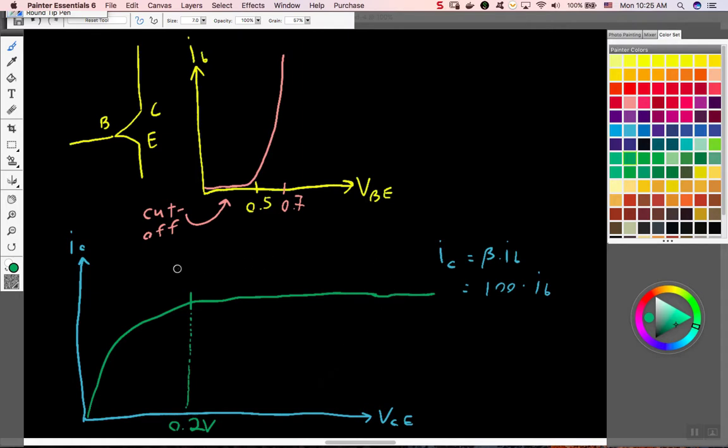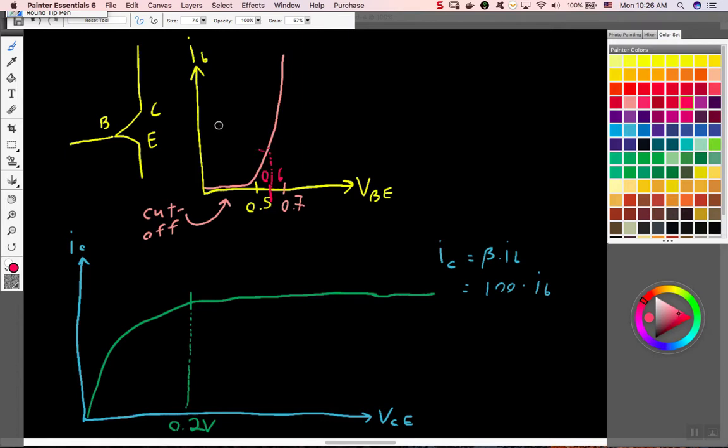And what is this green graph? The green graph is the particular value that IB takes. For example, let's say it just so happens that VBE equals 0.6. So let's say what value IB will take.